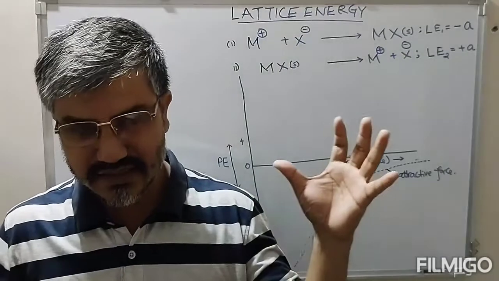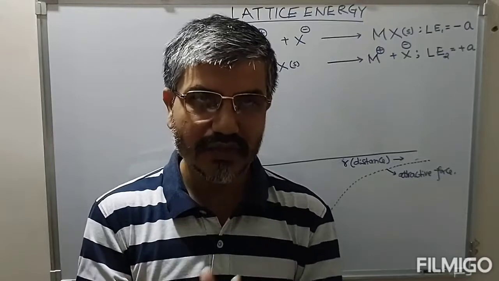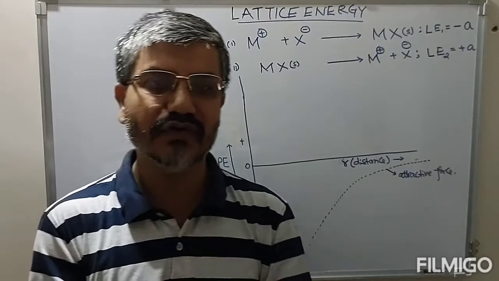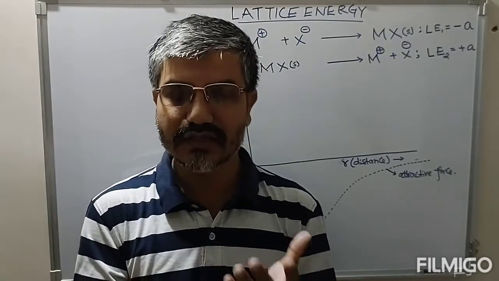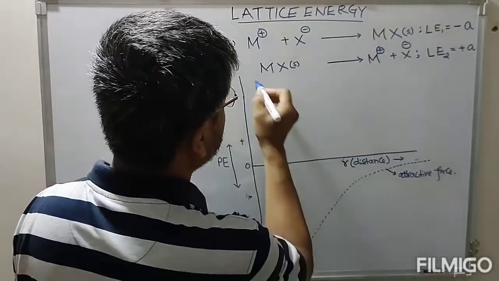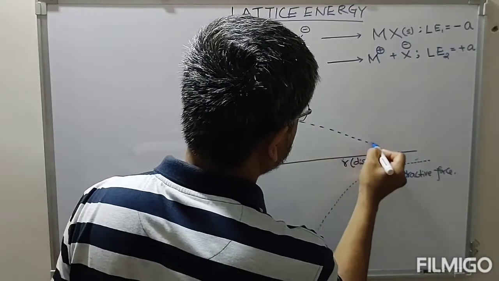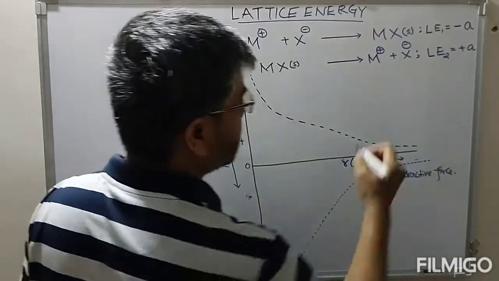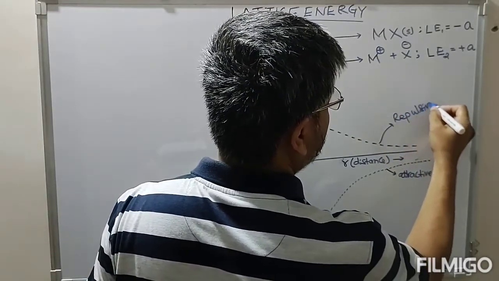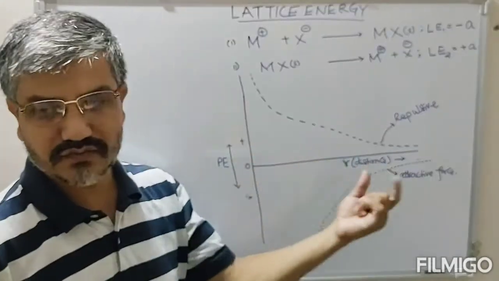So as the distance between the two ions decreases, the repulsive force between the electrons and that between the nuclei also increase continuously. We represent this repulsive force like this; it represents the repulsive force between the nuclei as well as between the electrons of the two ions.